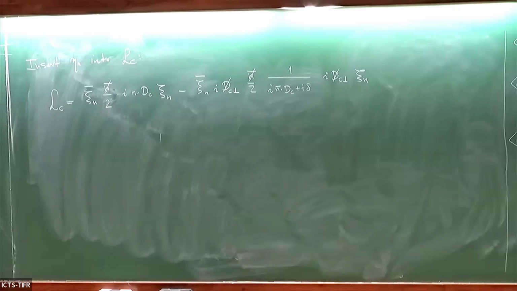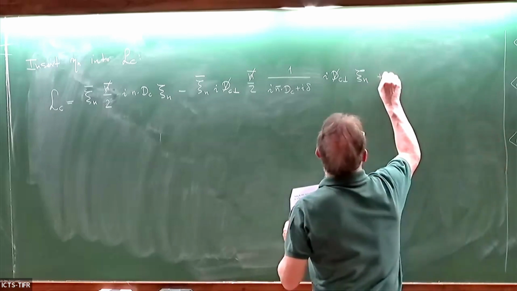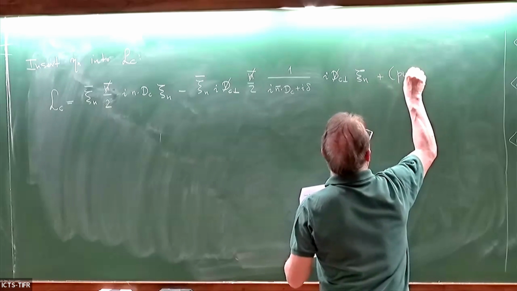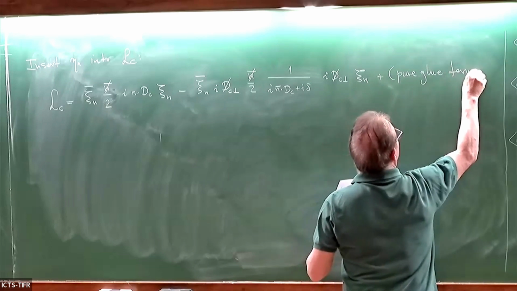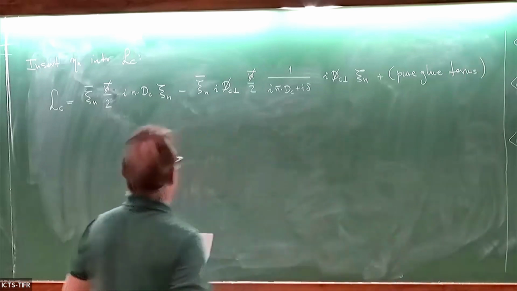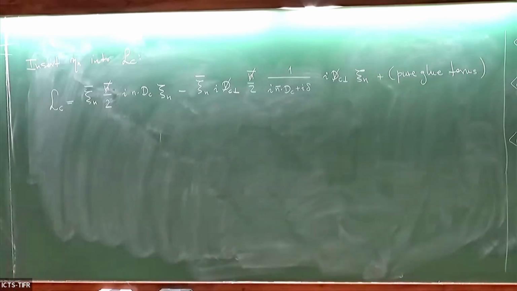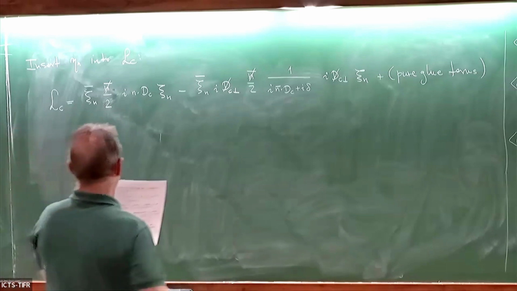Then, of course, what I should add to this are the pure glue terms in the Lagrangian. Again, they're not so interesting, because the interesting stuff is happening with the eta, which we eliminate.